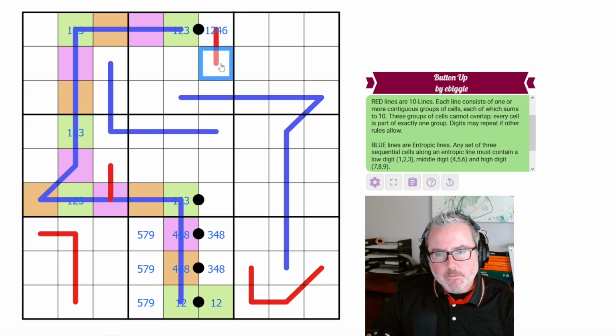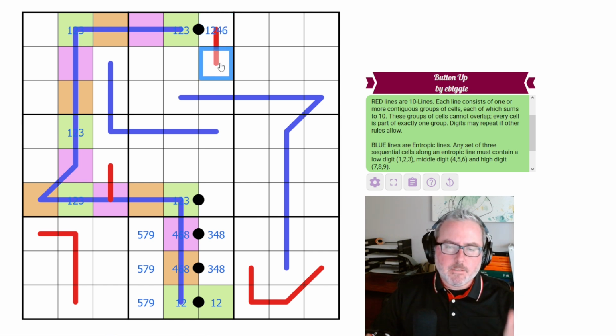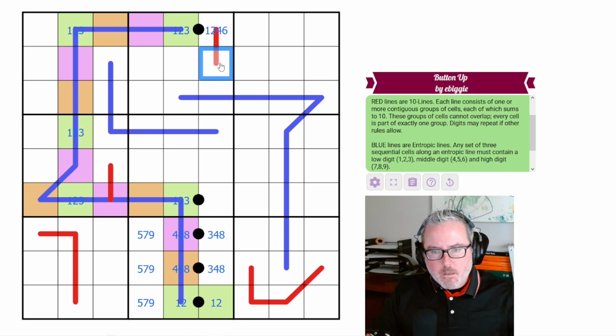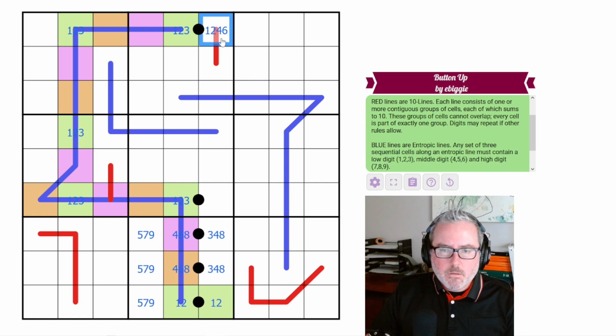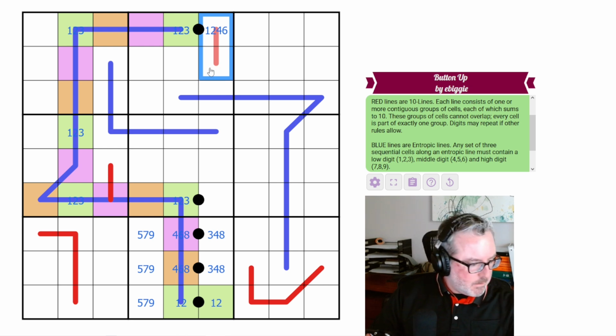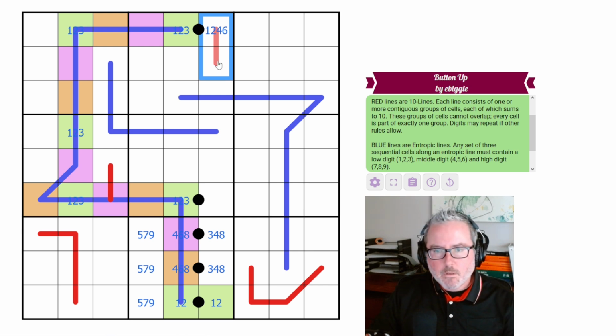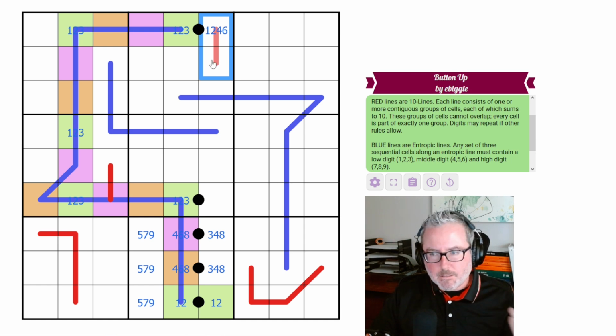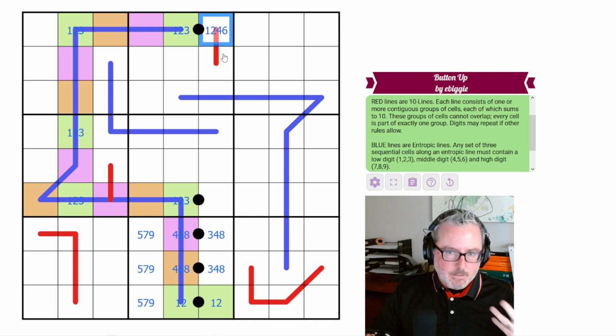I mean, well, if we think about the 10 line, let's think about 10 lines for a second, because they may be useful. We know that both of these 2-cell long ones must add up to 10. And they must both be part of one grouping that adds up to 10, because we can't have a single digit add to 10.